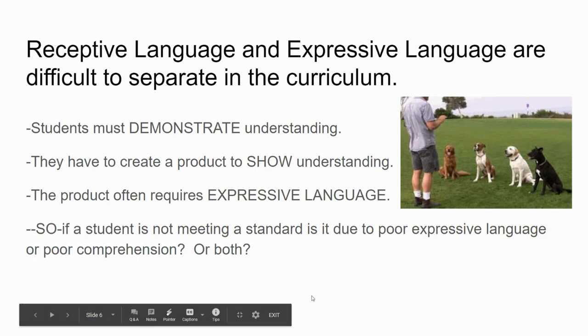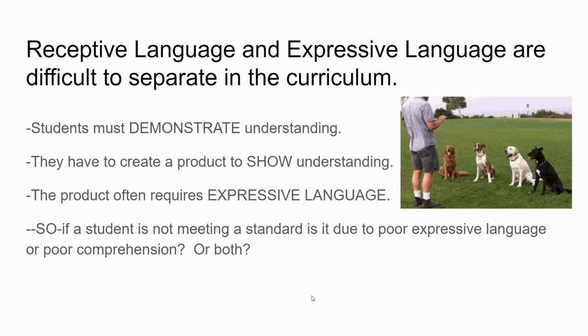So receptive language and expressive language are difficult to separate in the curriculum because we need students to demonstrate their understanding. We need them to show us that they understand the concepts and the information you're giving them.